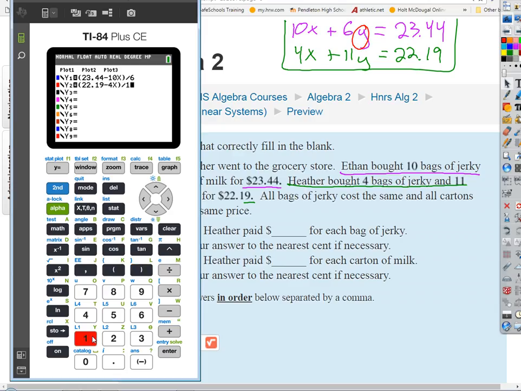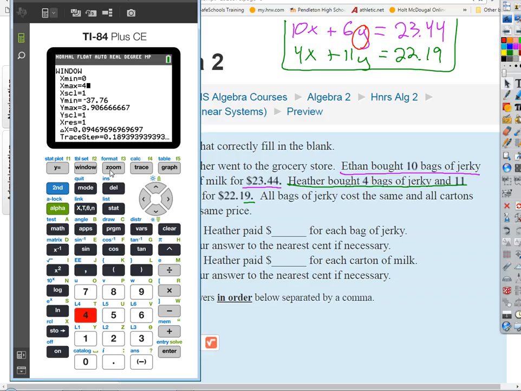Okay, and let's go to window, let's go from 0 to 25, and let the calculator pick the y part of the window for us. Okay, that's pretty inconvenient. How about if I just go from 0 to 4, because it would just clear up in the corner.